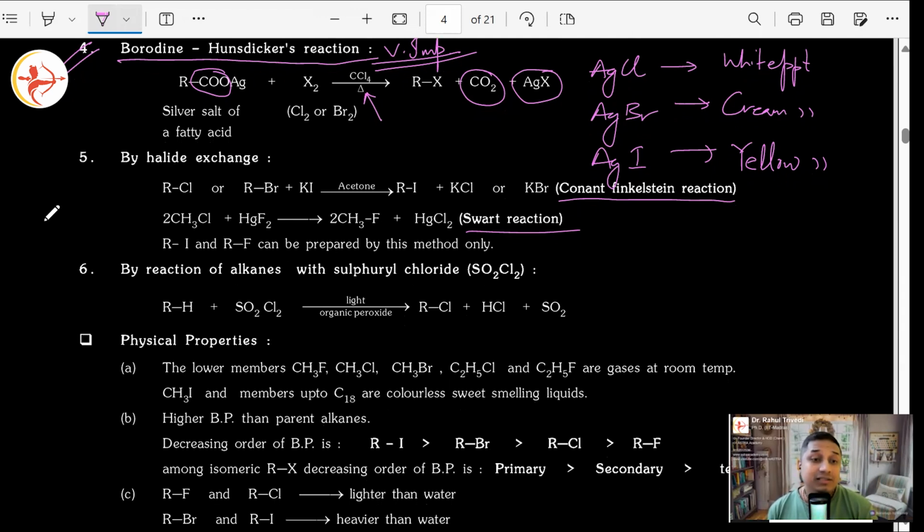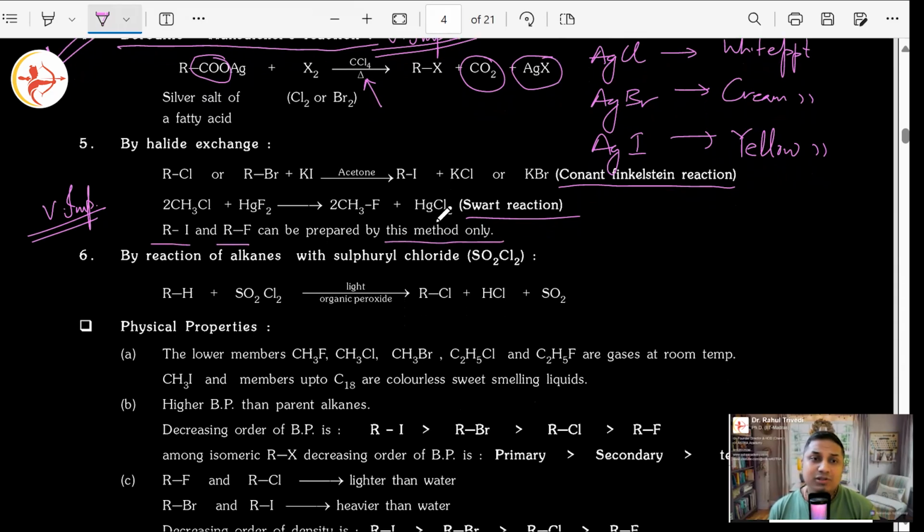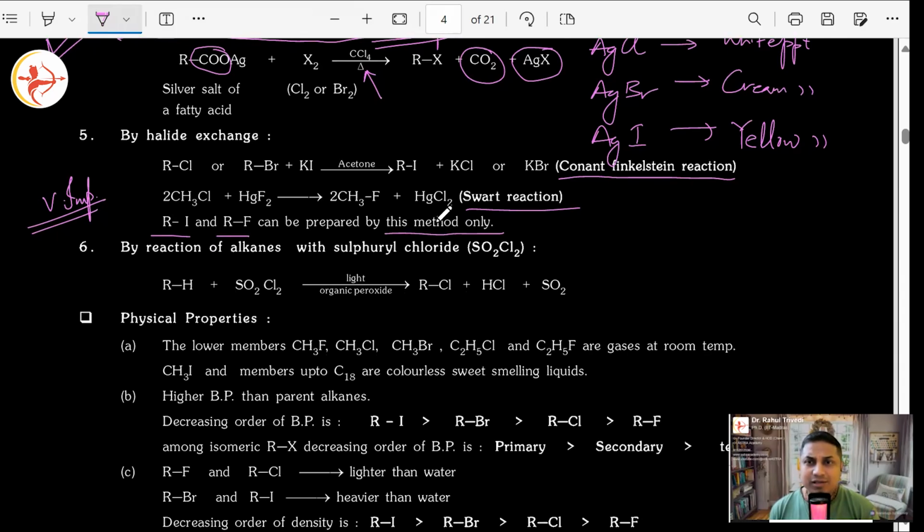That's where this becomes very, very important, because we could use the other methods above, but they are more taxing. This is much easier. If you have to get alkyl iodide or alkyl fluoride, this method plays a major role and is the fastest way of getting them, because simple displacement is taking place.